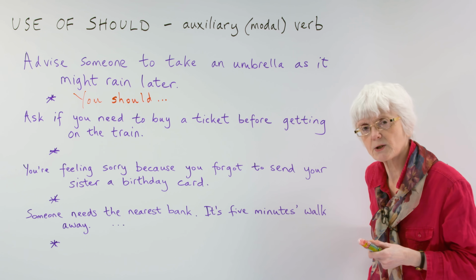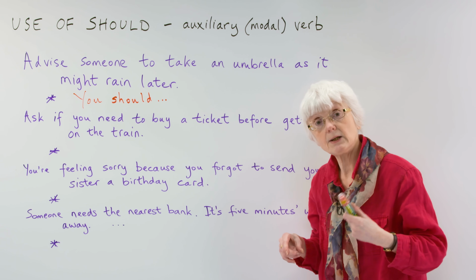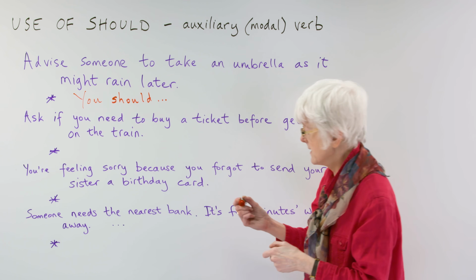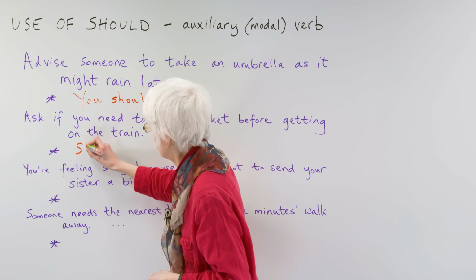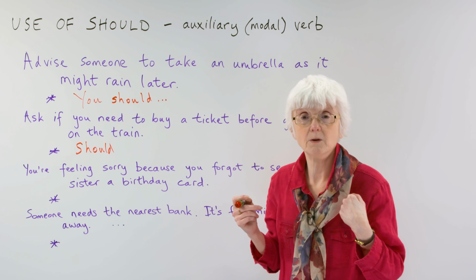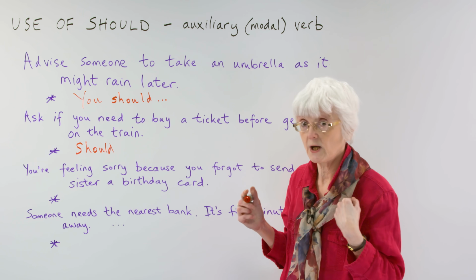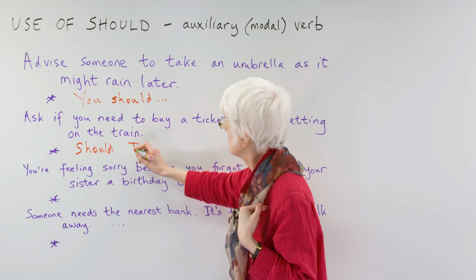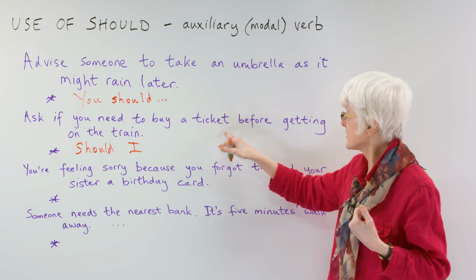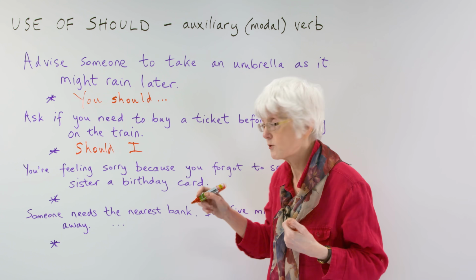Okay, so as it's a question, you really need to start the sentence with should. So, should, and then it's about you, what you do. So should I buy a ticket before getting on the train?